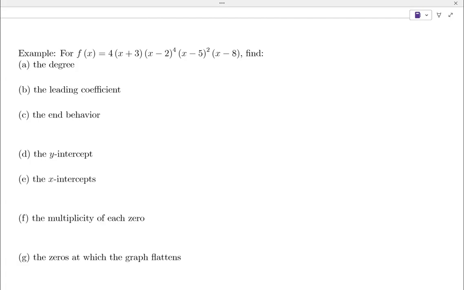Add up the exponents that you see on the factors, right? What do you get? 8, right? You got 1 plus 4 plus 2 plus 1, right? 1, 4, 2, 1. So the degree will be 8. Okay. Again, add the exponents. I'll write that down again so we're all on the same page. Add the exponents on the factors.